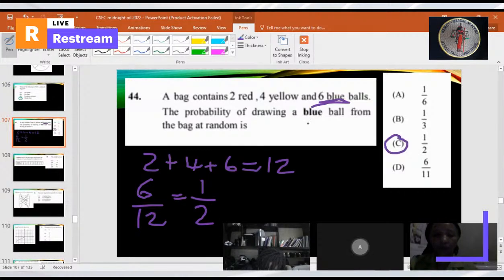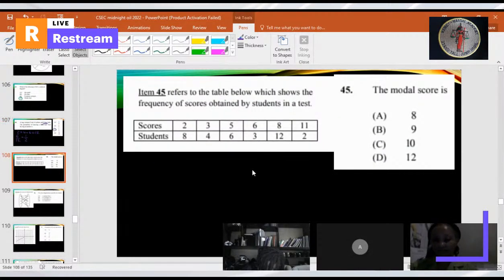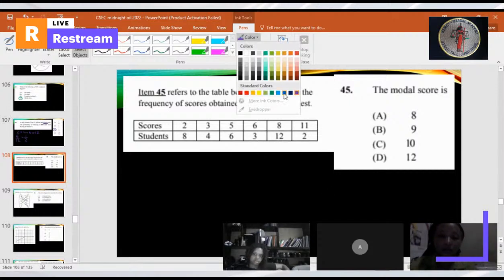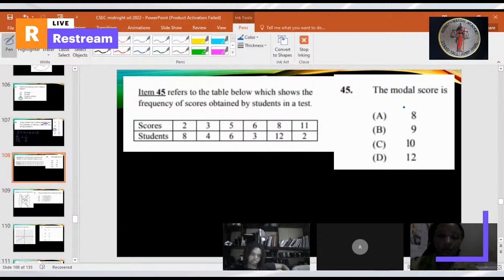C. Okay. Imani, 45, taking us to the three-quarter mark. Item 45 refers to the table below, which shows the frequency of scores obtained by students in a test. The modal score would be the most frequent score.